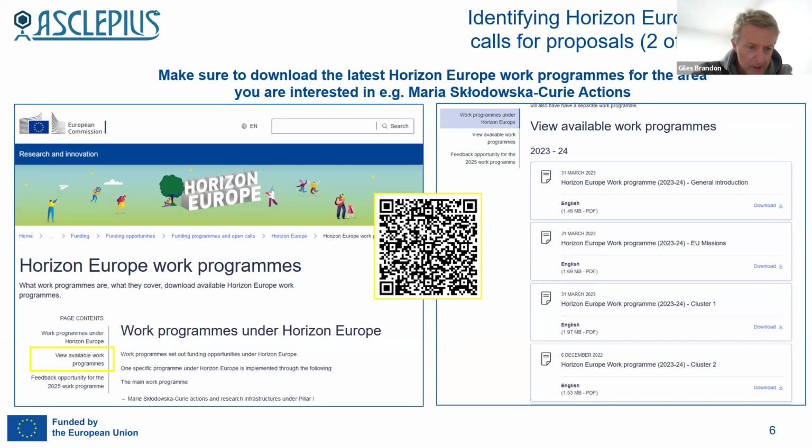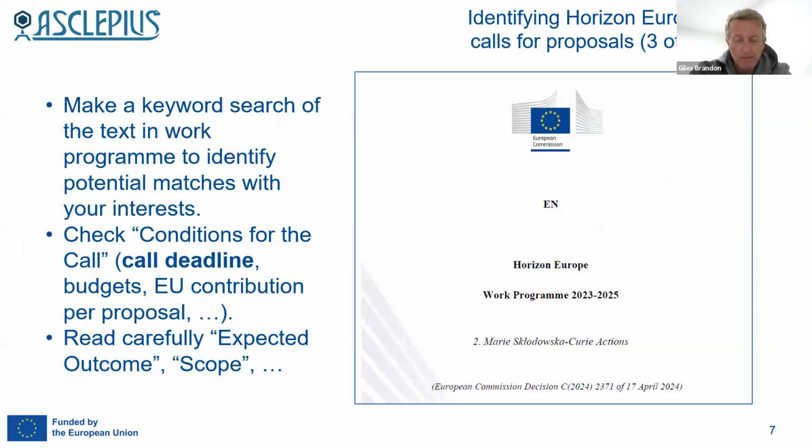If you click on that, that will take you to the screen that you see on the right. And there you'll be required to scroll down and identify which particular work program, whether it's cluster 1, cluster 2, Marie Skłodowska-Curie actions, whatever. This is where you get the official work program. So let's imagine, for argument's sake, we were interested in Marie Skłodowska-Curie actions.